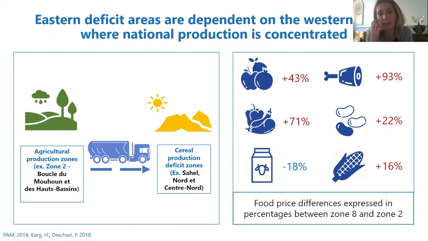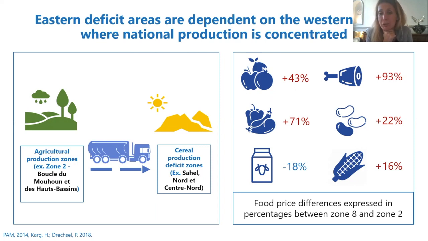If we try to unpack the drivers a little bit, we can see that there's an important food price variation from the southern regions of Burkina Faso to these northern drier regions. If we look at some grain foods like maize and beans, the food price variation is between 15 and 20%.